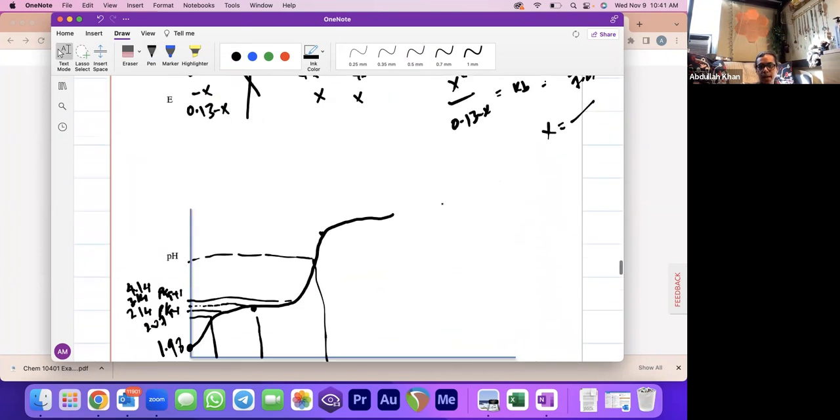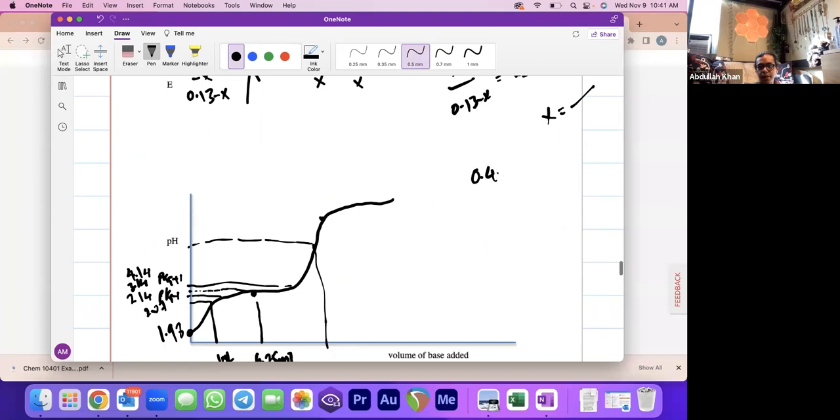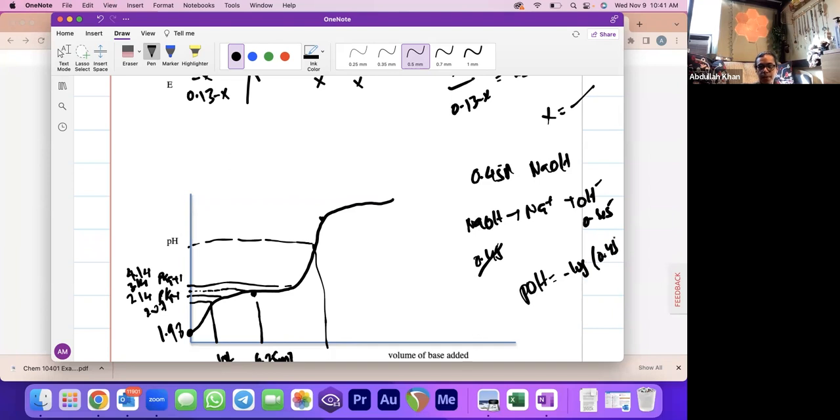So we have 0.45 molarity of NaOH. NaOH breaks down into Na plus and OH minus, and it's a strong base, so all of it breaks down. So OH minus is going to be 0.45, and so pOH is going to be the negative log of 0.45. Then do the 14 minus dance to figure out your pH. And that goes maybe over there, at 100.